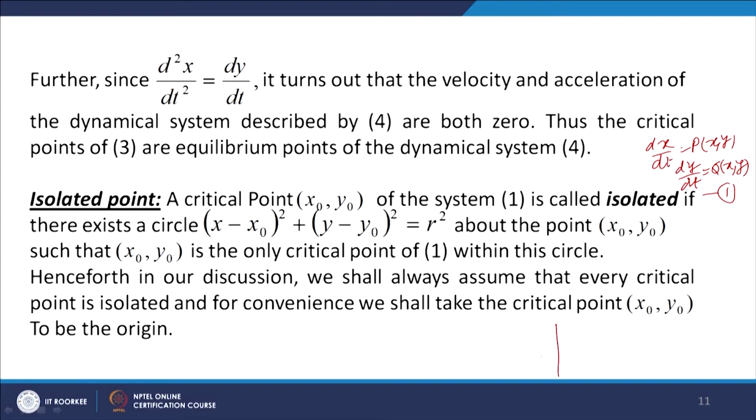So, you can say this is your point (x naught, y naught), we will call it an isolated critical point if we can find a circle with center at (x naught, y naught) of radius say r such that inside this circle there is no other critical point.